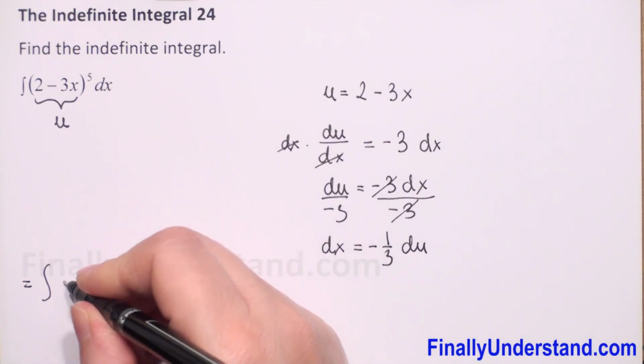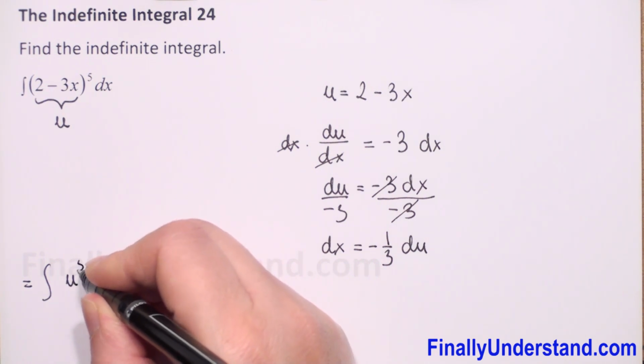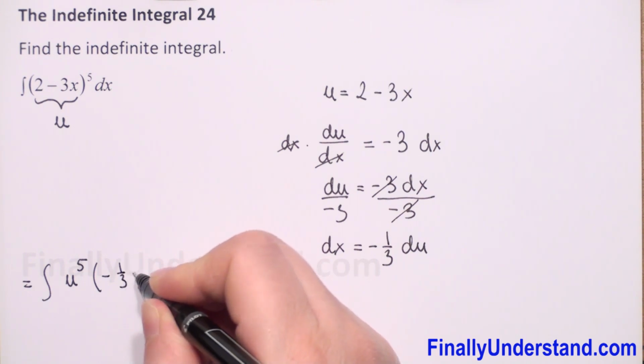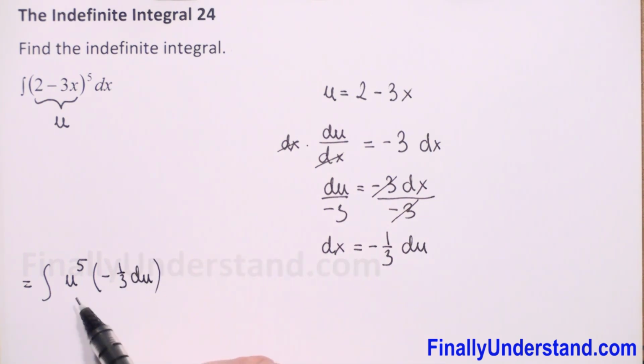And we will get the integral of u to the 5th power times negative 1/3 du. You see that we got an integral with respect to u. Notice that we do not mix up x and u in one expression. We have only u.